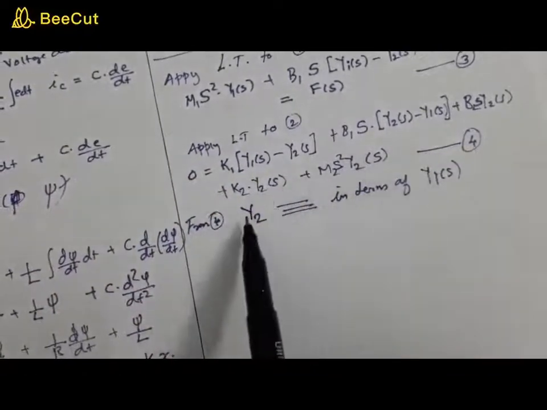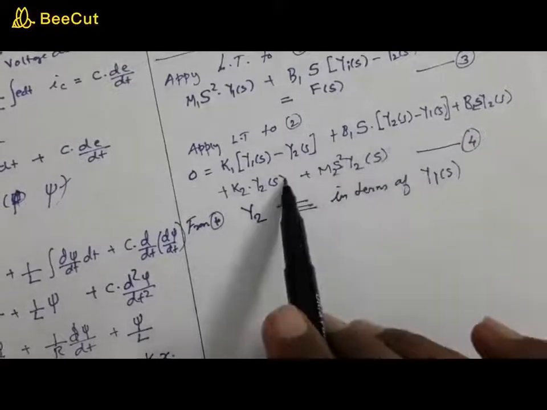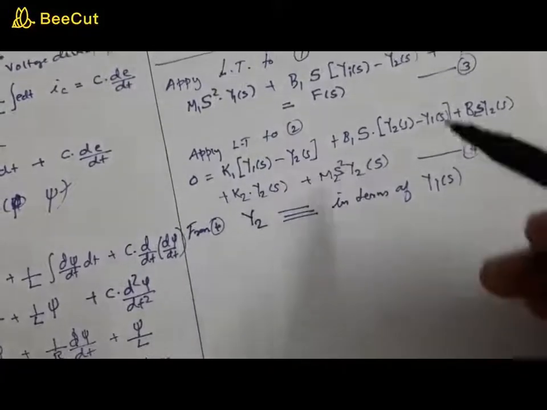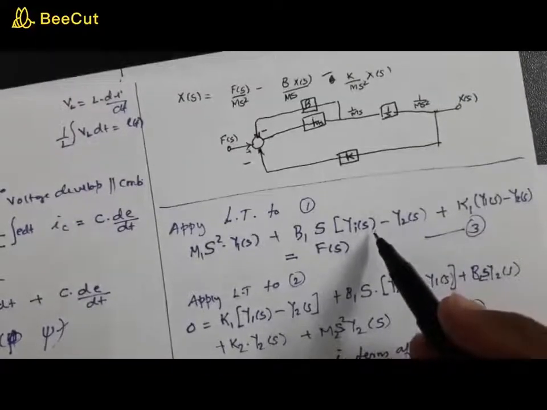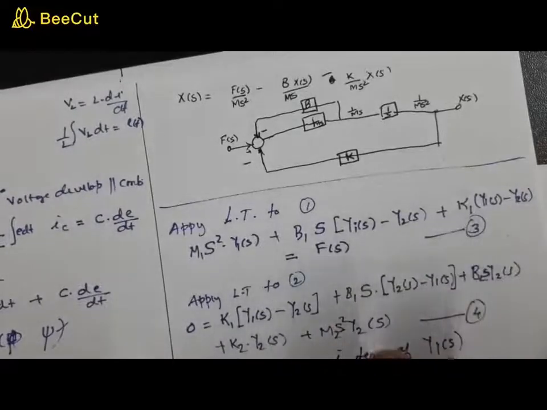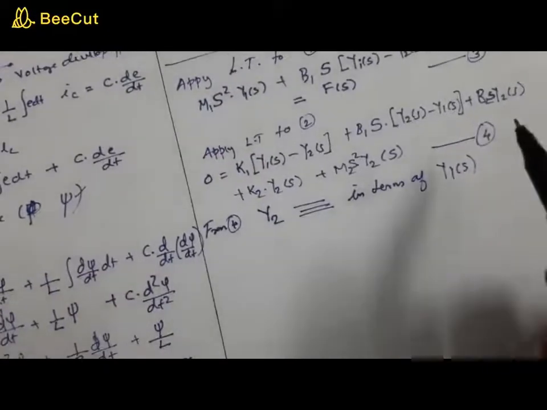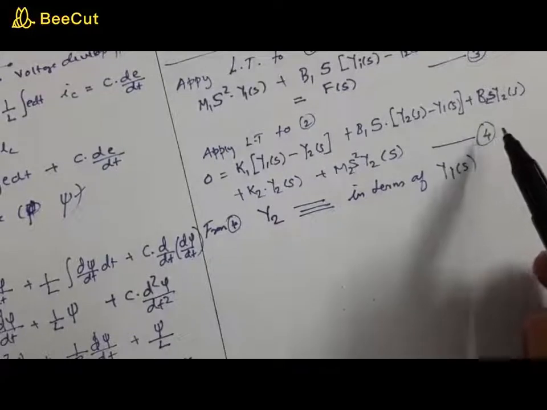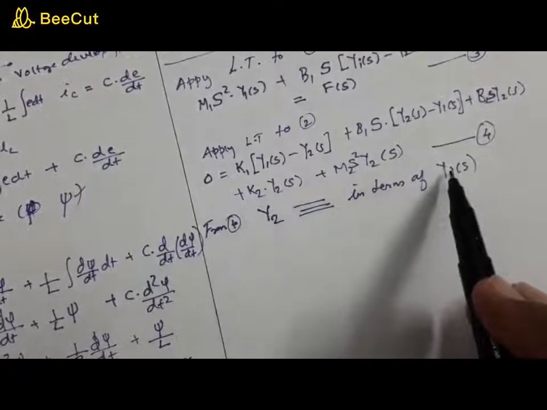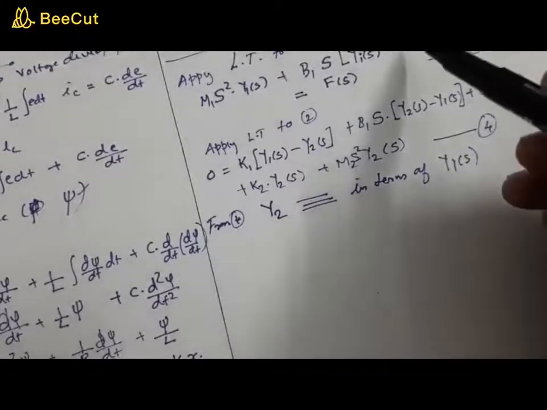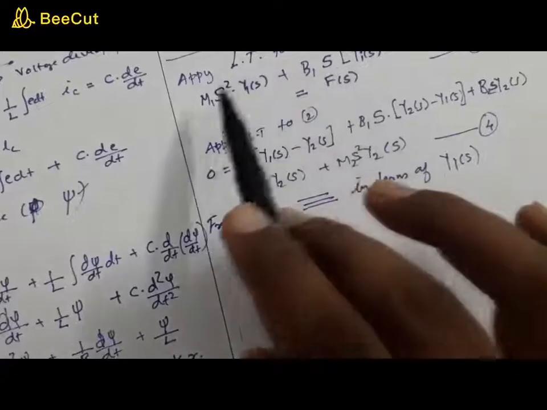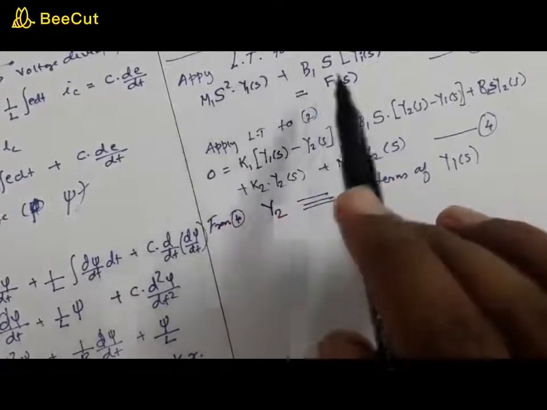Then substituting that y2 of s term in equation 3, you will get an equation containing only y1 of s and f of s.